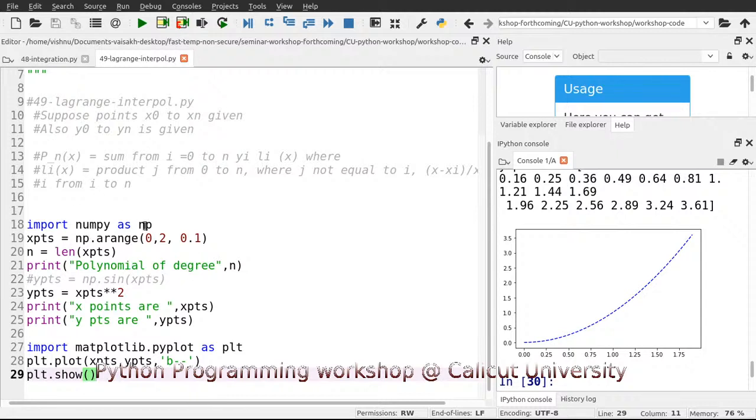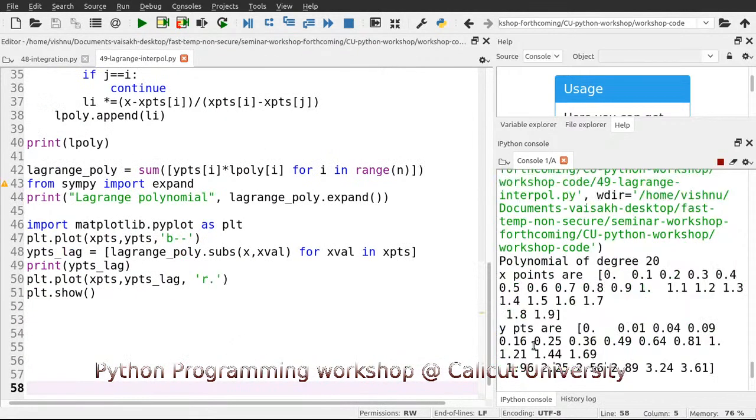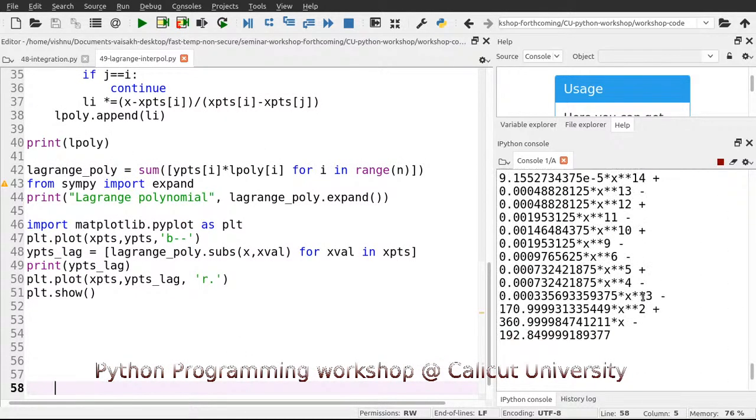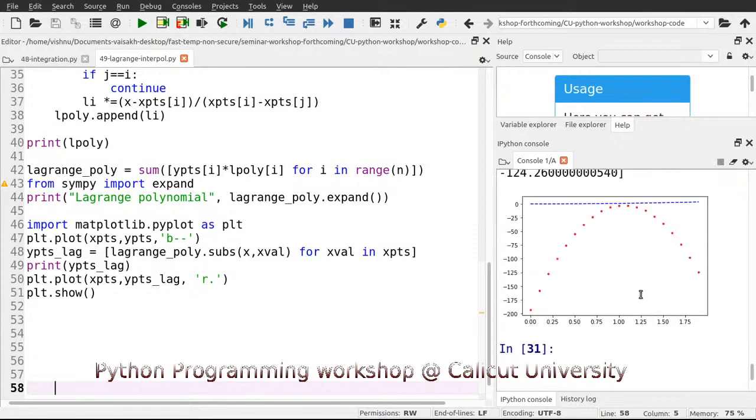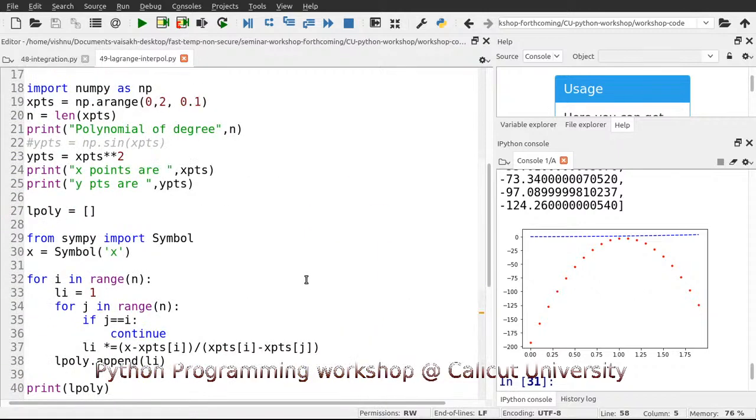Now, creating the polynomial once again, copying and pasting. Okay, there seems to be something wrong with the computation. Well, let us try to see with the computation.